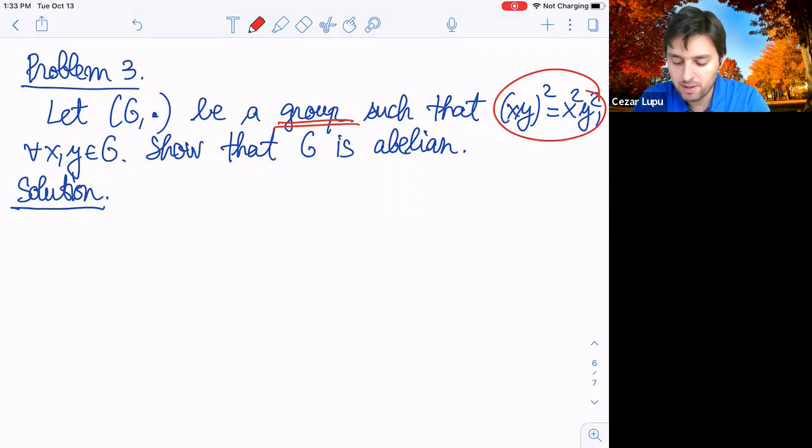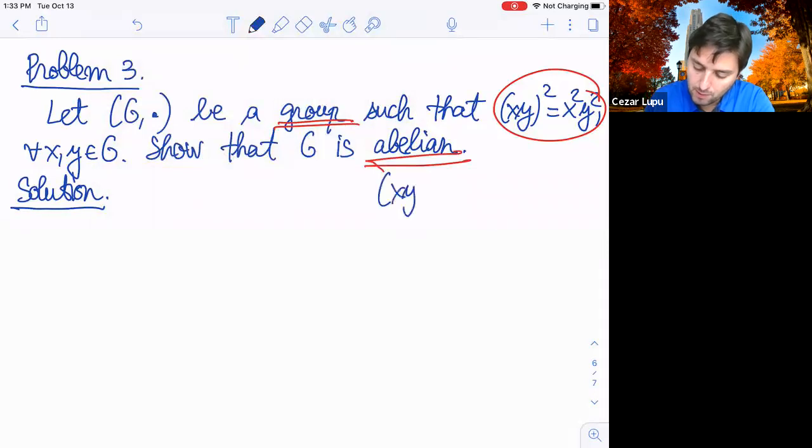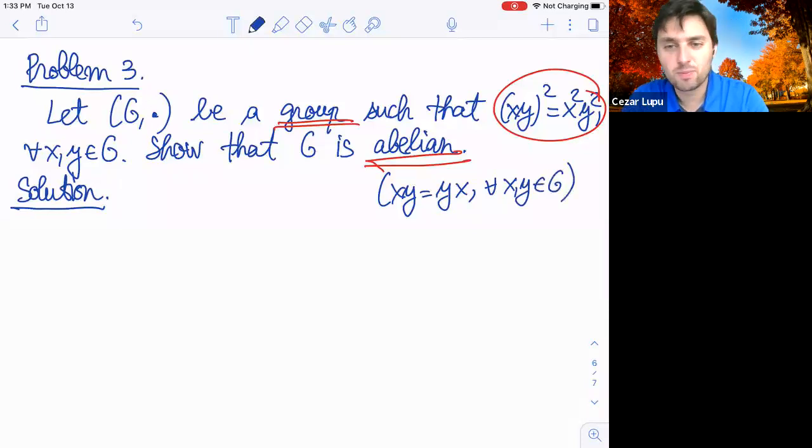Keep in mind, abelian means that xy is yx for all x, y in G. In this problem, I didn't even put the dot, but you can imagine that the dot is there. That's why sometimes it's there, sometimes it's not. All right, so how would you approach this?